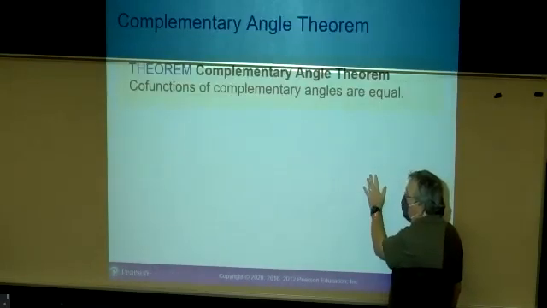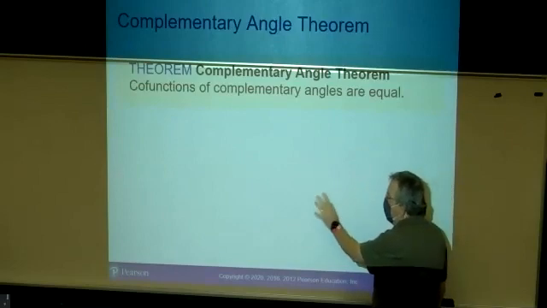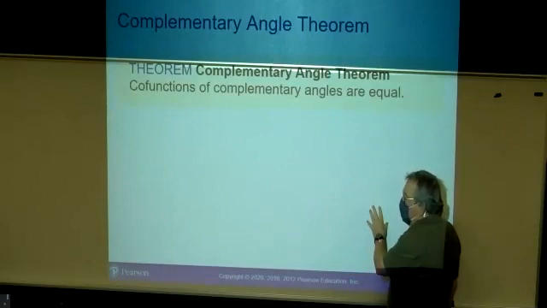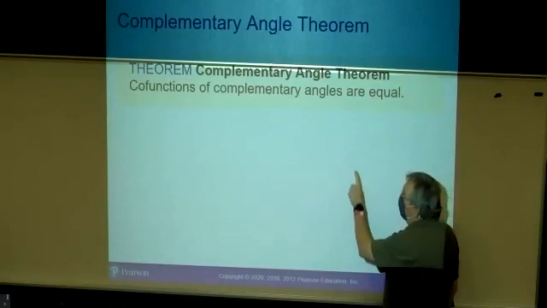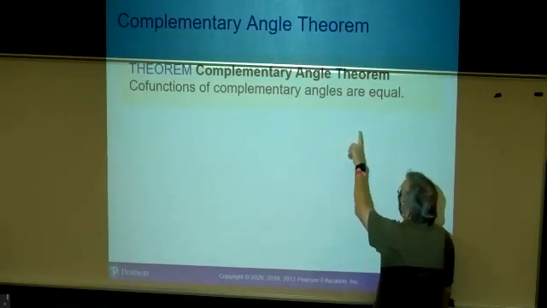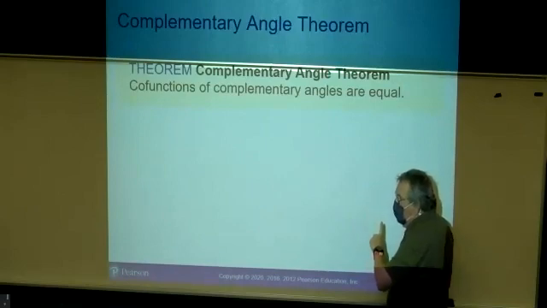That's the formal definition of what this slide is showing. Sine and cosine are cofunctions. Secant and cosecant are cofunctions. Tangent and cotangent are cofunctions. And those cofunctions of complementary angles are going to be equal.